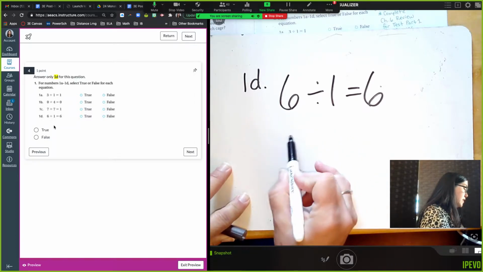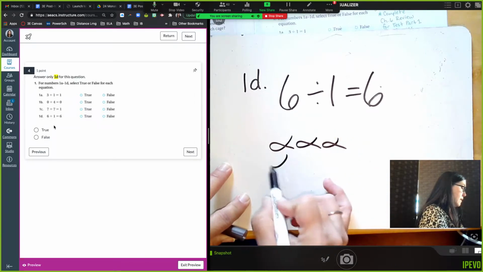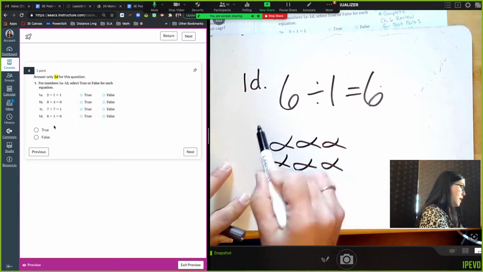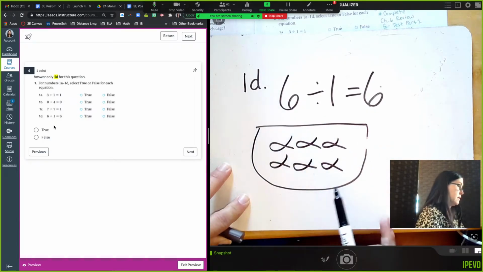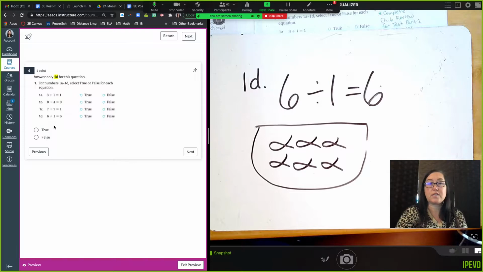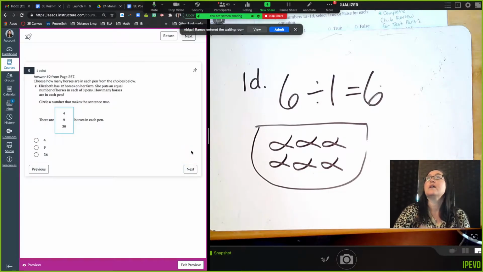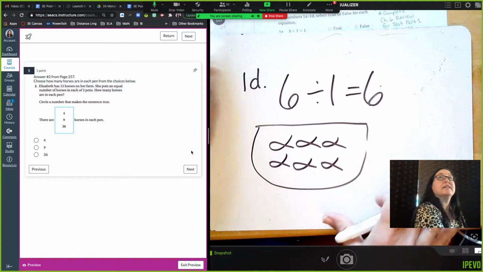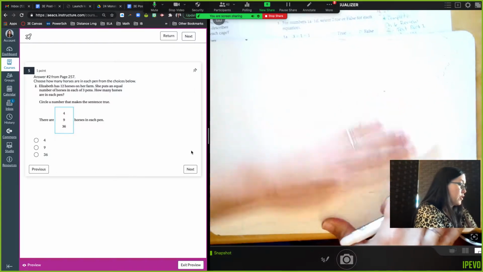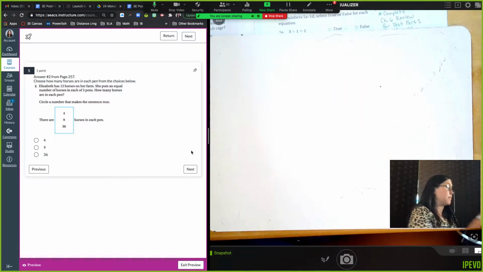If I have 6 fish and I put my 6 fish into one bowl, I have one group of 6 fish. So this is a true sentence. 6 divided by 1 is 6. True.